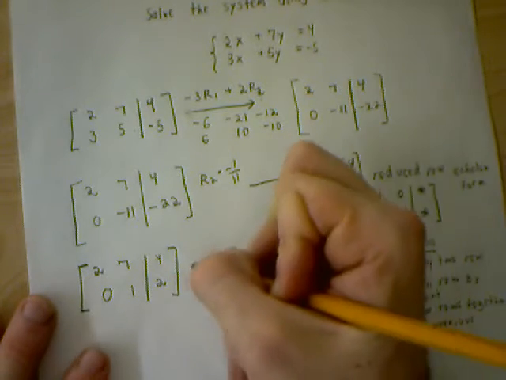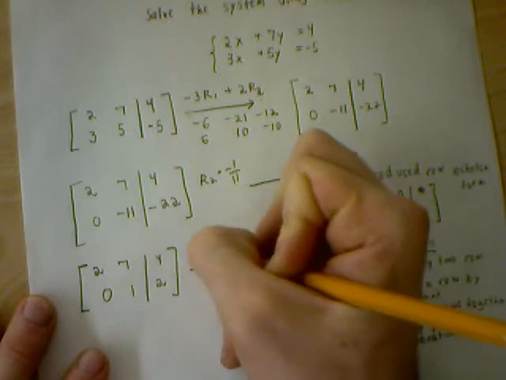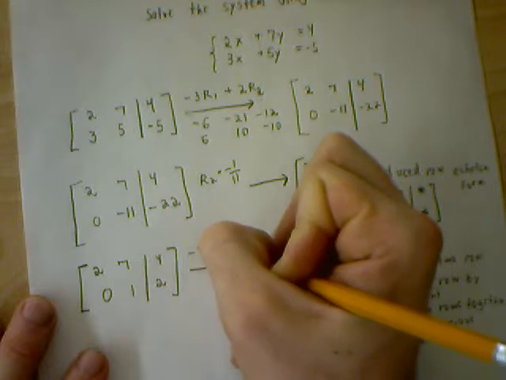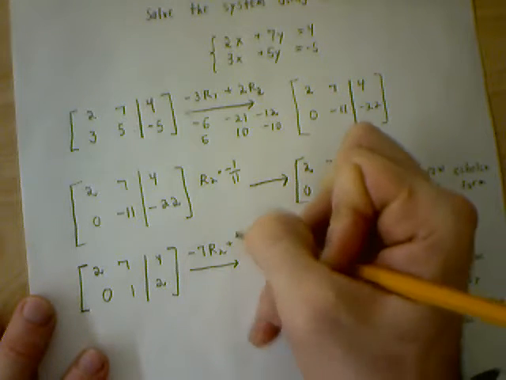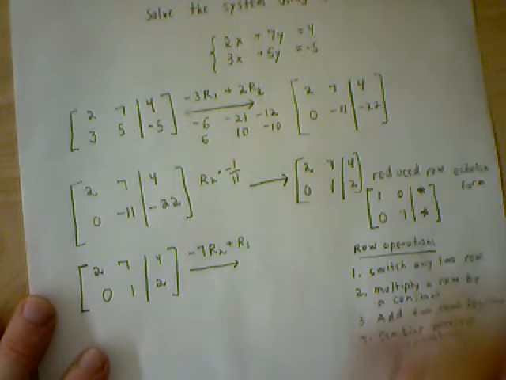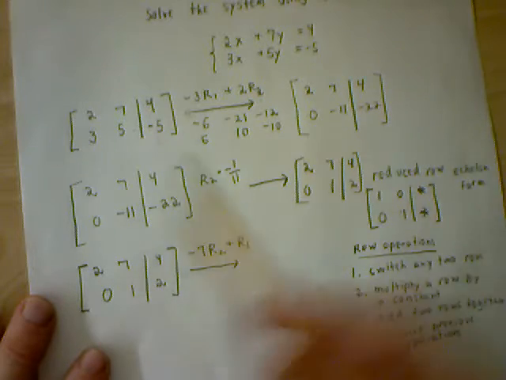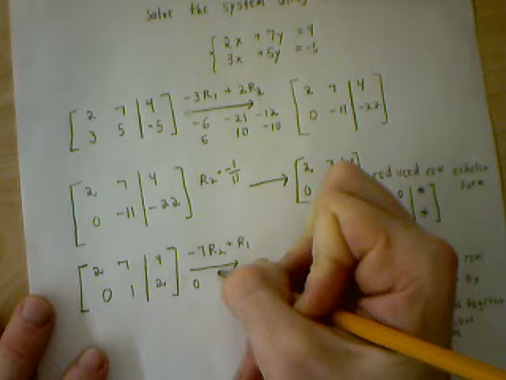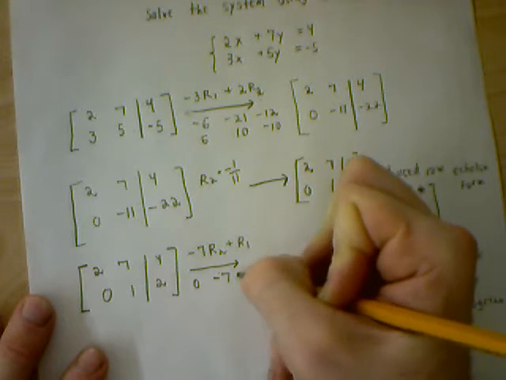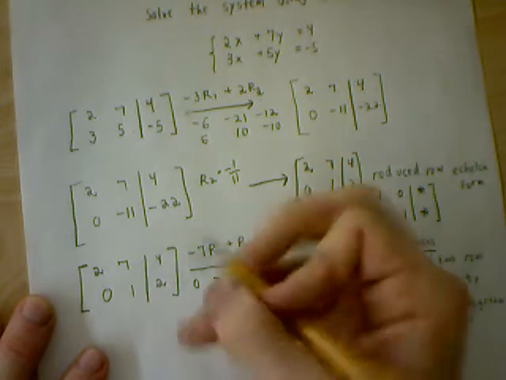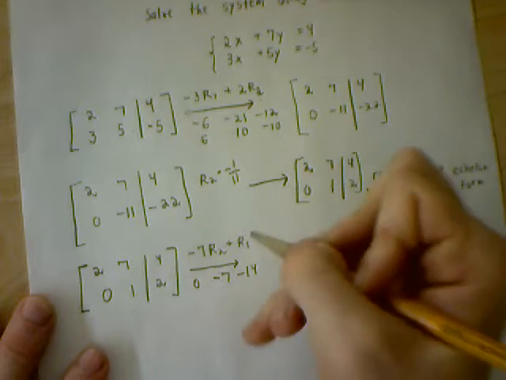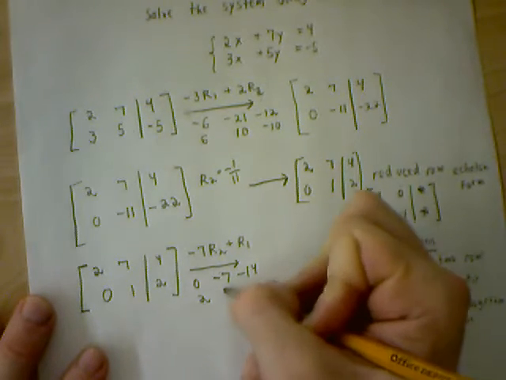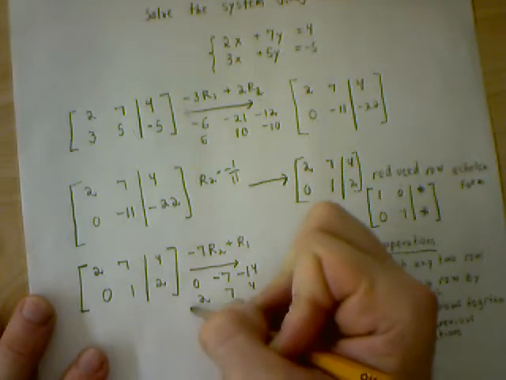I'm going to take negative 7 times row 2 and add it with row 1. So negative 7 times row 2 yields 0, negative 7, negative 14. And then row 1 was 2, 7, 4.